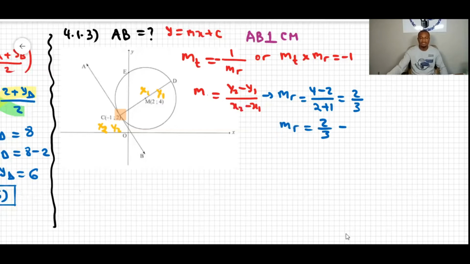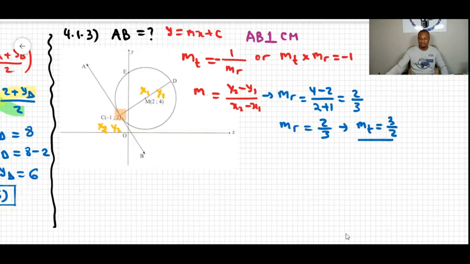Now that we know the gradient of the radius, we can also find the gradient of the tangent. We can use that formula, but the quickest way is to reverse the fraction, switching the denominator with the numerator. So 2 over 3 will be switched, and this will be 3 over 2.